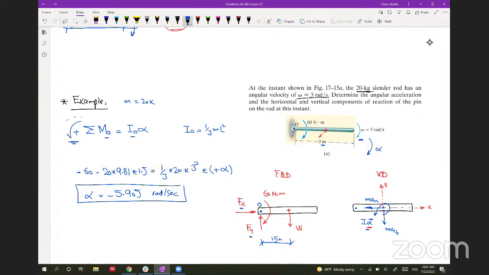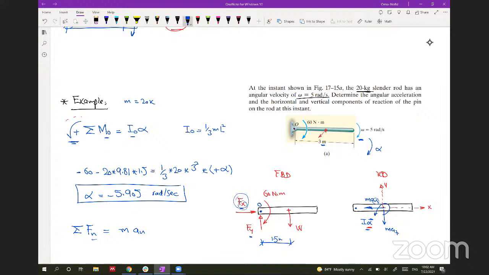So we can move to the sum of F in the, we can call this the normal direction. So we can say Fn, or you can say X, whatever you want. So the sum of forces in the n direction will be equal to m a_n. The forces in the n direction or x-axis, the only force that we have here is the Fx.